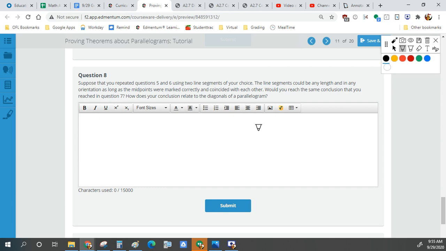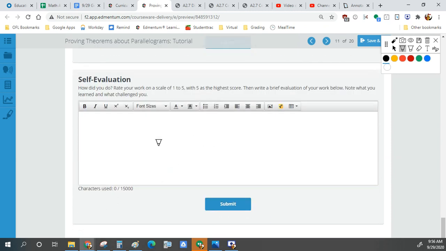The way we would say it is, if you have two diagonals that bisect each other, then the shape is a parallelogram. So that's a lot of words to consider. You guys might want to rewatch the video and take what I said and put it into your own words. And then evaluate how you think you did.